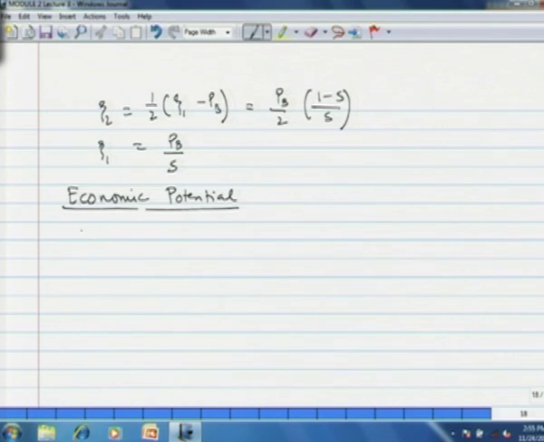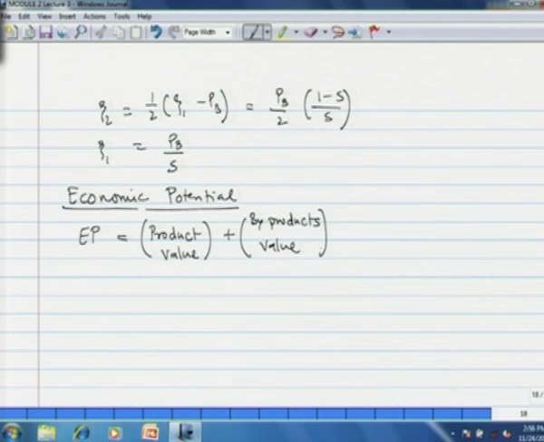The economic potential EP would be the cost of all the products plus cost of all the byproducts minus the cost of raw material, because these three components we have determined. This would be the general definition of economic potential at the input output structure of the flow sheet, that is level 2 of the design.